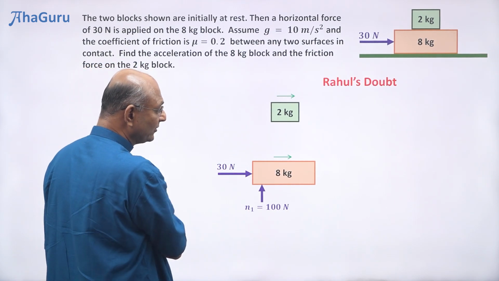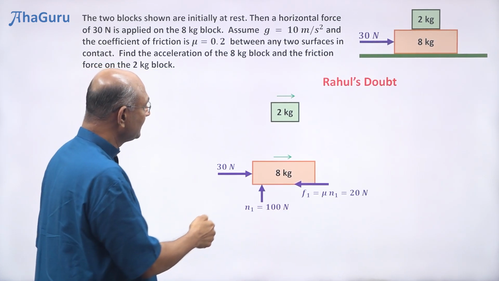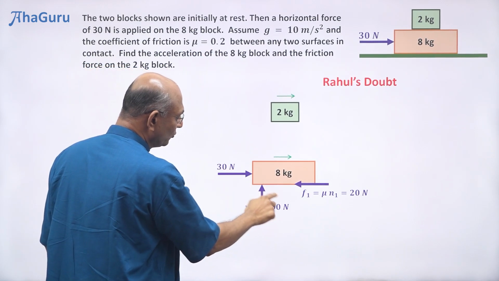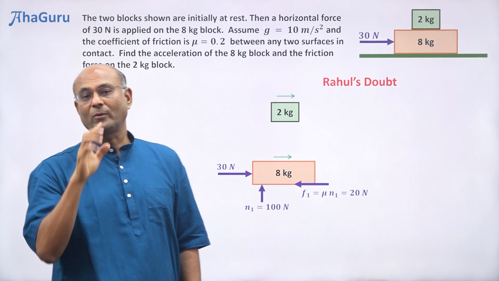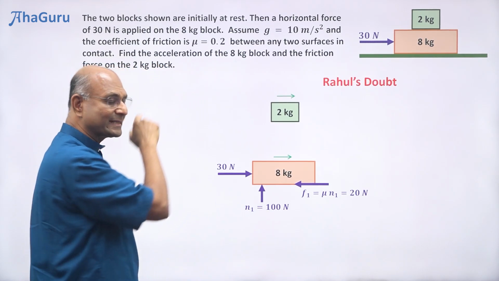And because this is 100 newtons, the friction force is going to be like this. How much? Mu times N1, mu is 0.2, 0.2 times 100 is 20 newtons. So this friction force is 20 newtons. The question asks us what is the acceleration.